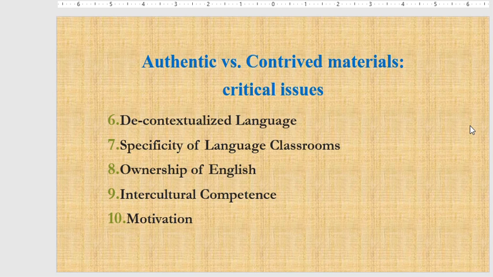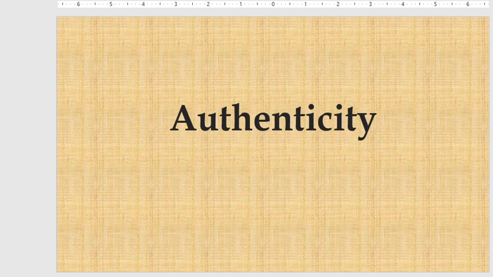If you want to understand authenticity and if you want to evaluate materials in terms of authenticity, some critical issues should be considered. What are those issues that today we are going to study and discuss?